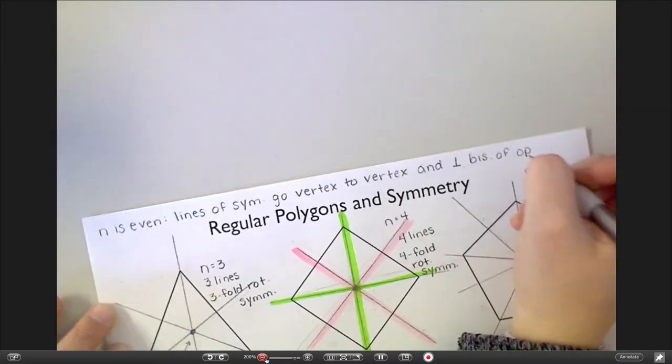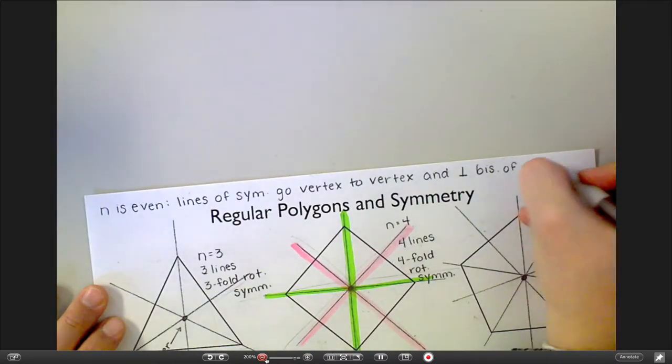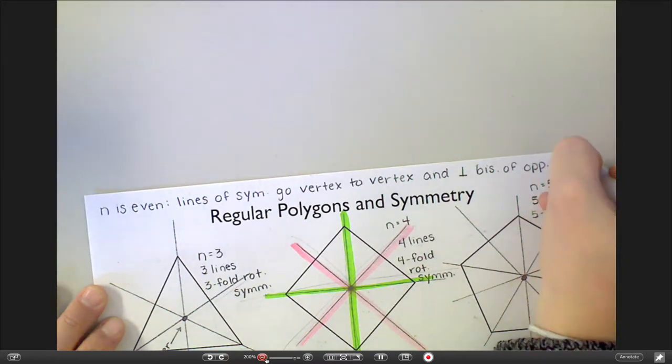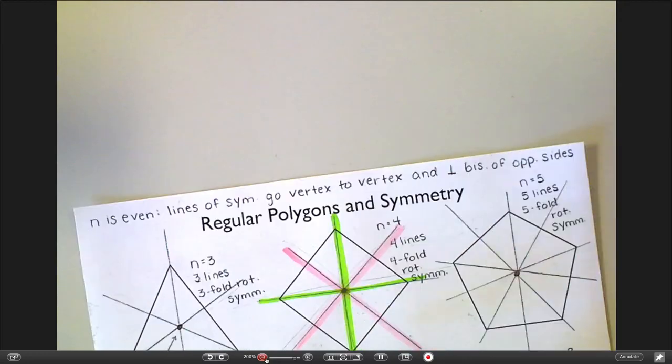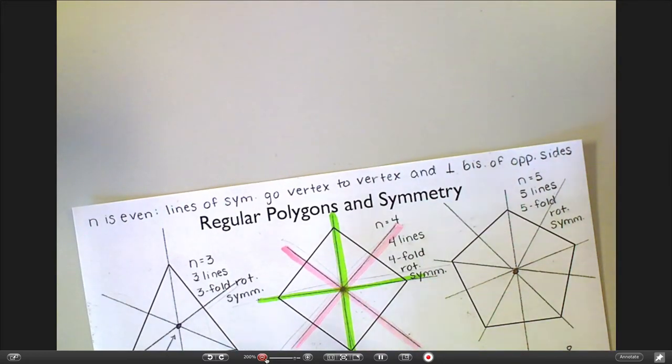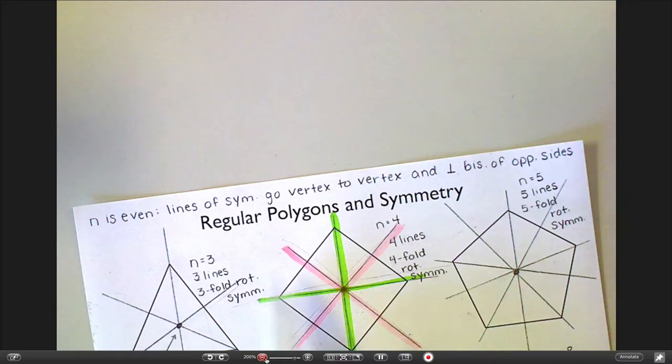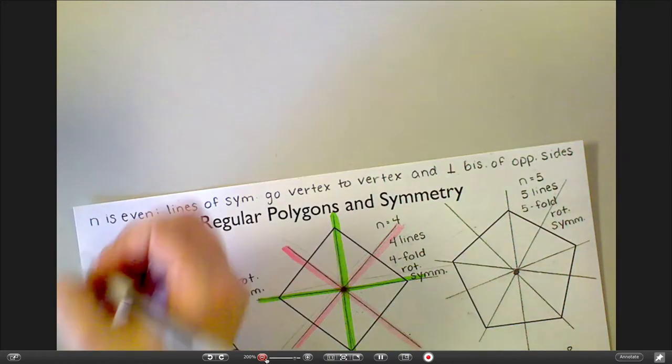Oh, you can't see what I'm writing. I'm so sorry. Okay, so when n is even, the lines of symmetry go from vertex to vertex, and they also go through the perpendicular bisectors of the opposite sides.